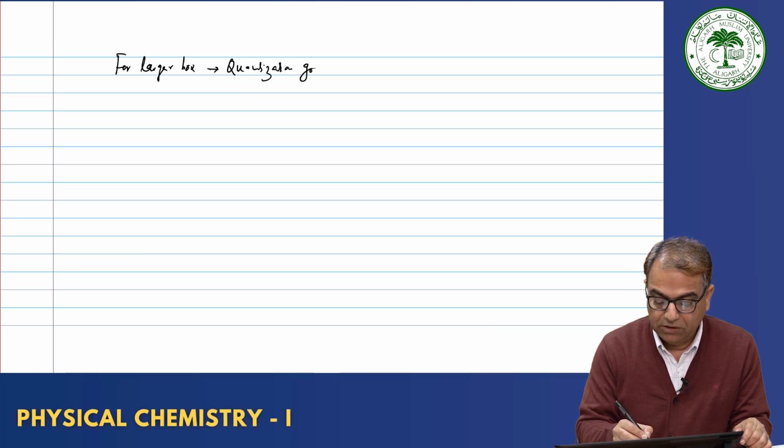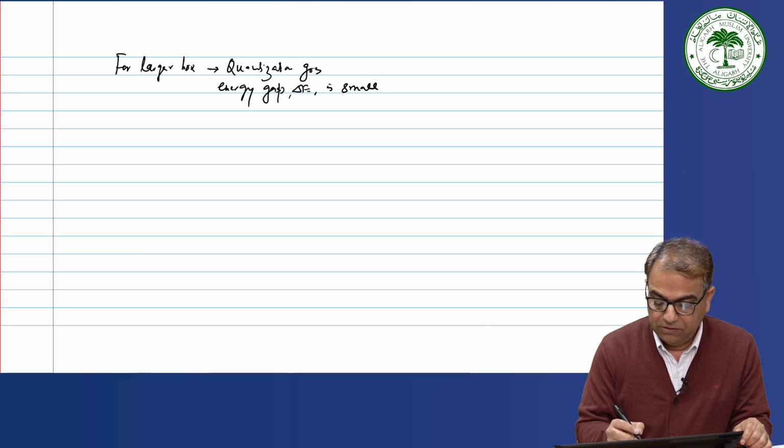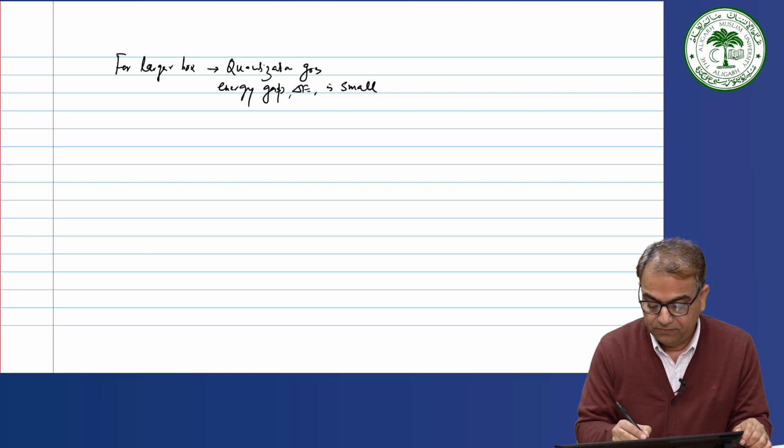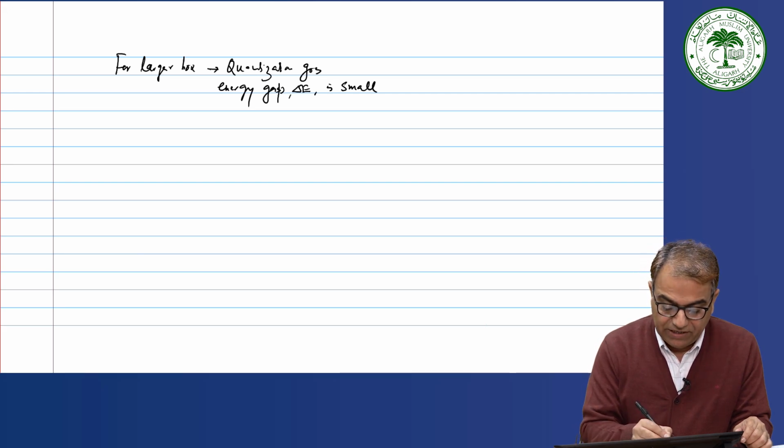Quantization goes, the energy gap delta E is small, okay, and instead of discrete energy levels, we have energy bands.